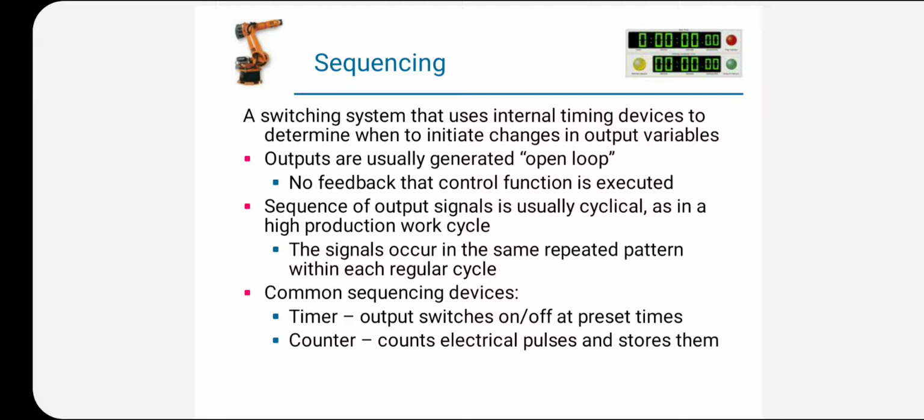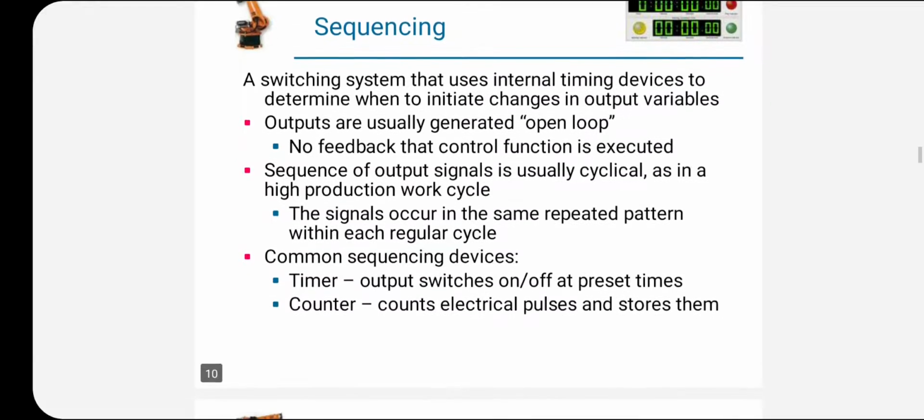So common sequencing devices are timer and counter. The timer provides output that switches on or off at preset times, and the counter counts electrical pulses and stores them.